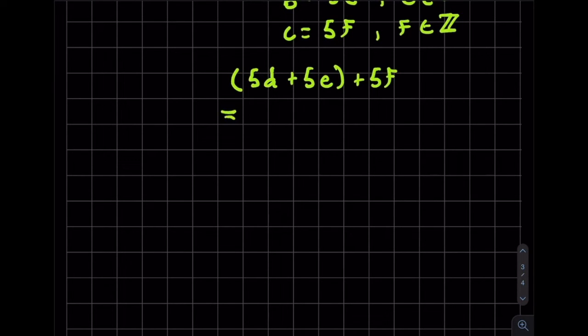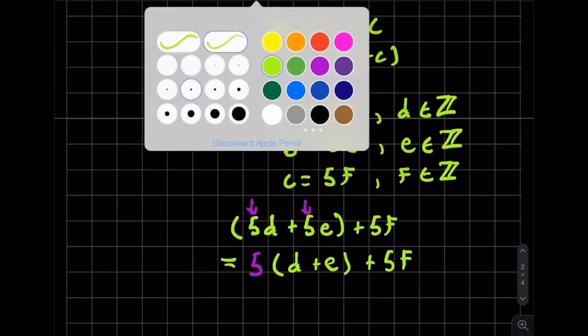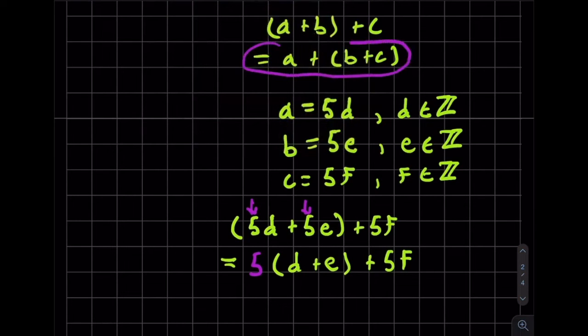I know that this equals, factoring out this 5 here, so I'm factoring out that purple 5 from these, and then I'm left with parentheses D plus E, and then plus 5F, like so. Remember, where we're trying to get to is to show this right here.